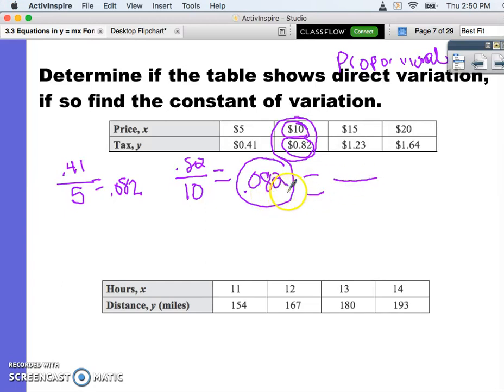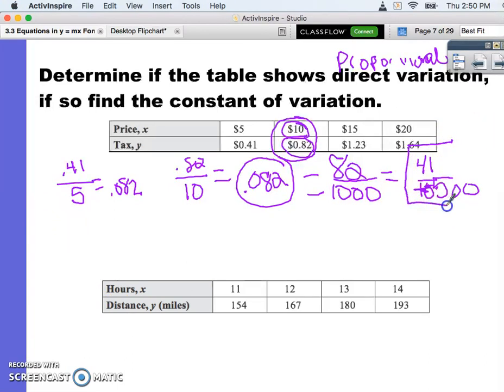Remember, if I have 3 decimal places, that means I have 3 zeros in the bottom, and my top number, 82, goes on top. Reduce that down: 41 over 500. I cut both of them in half. So this is my constant of variation.